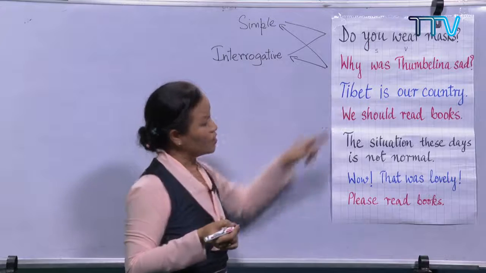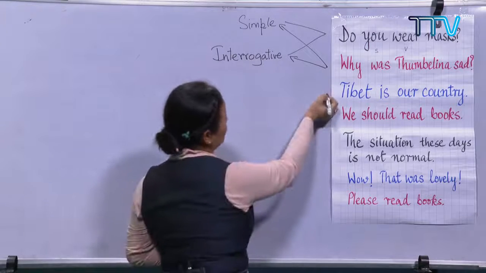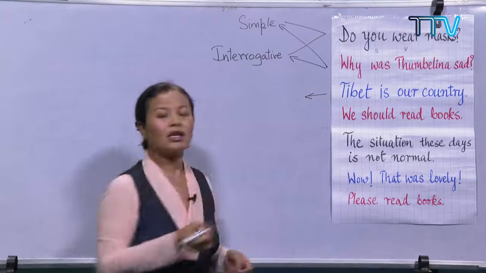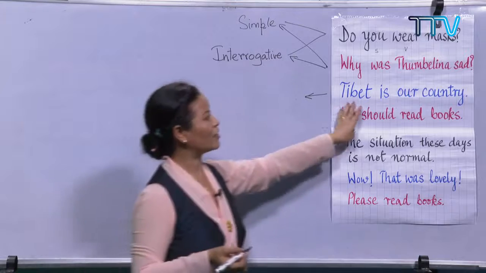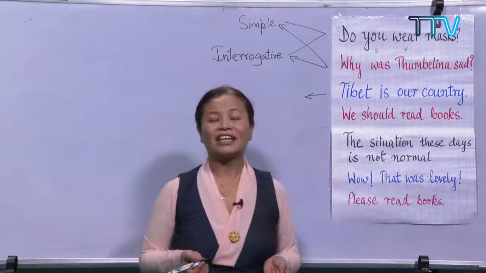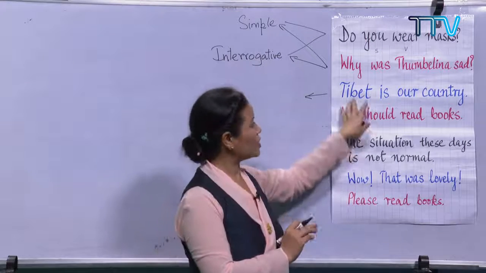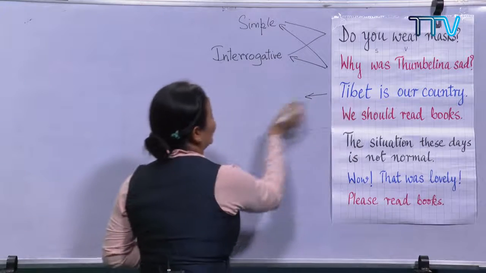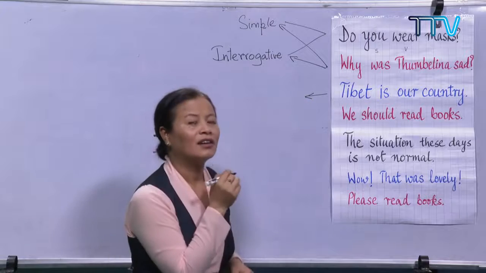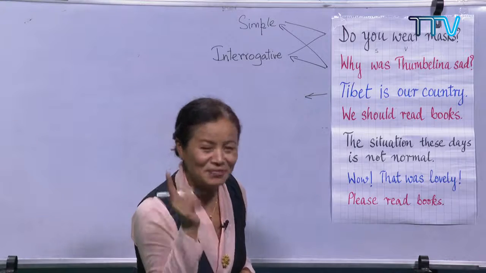Now, let's look at another sentence here. Tibet is our country. What do you think this sentence is functioning as? Tibet is our country. This is a simple sentence, right?